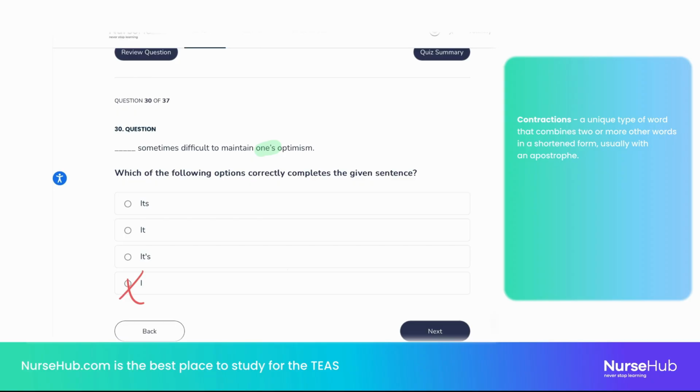All right, so now we have 3 different forms of it. If you're reading this out loud, you might say, it is sometimes difficult to maintain one's optimism. And that would be a great sentence, right? So we know it's some form of it, because that time we're using a contraction.